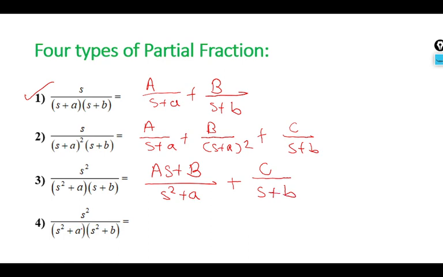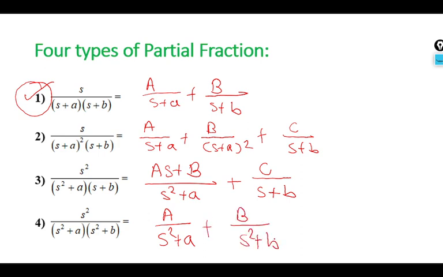And lastly, when everywhere is a quadratic term, you can treat it like case 1, where you replace s square by x, and you can take a simple partial fraction A upon s square plus a plus B upon s square plus b.